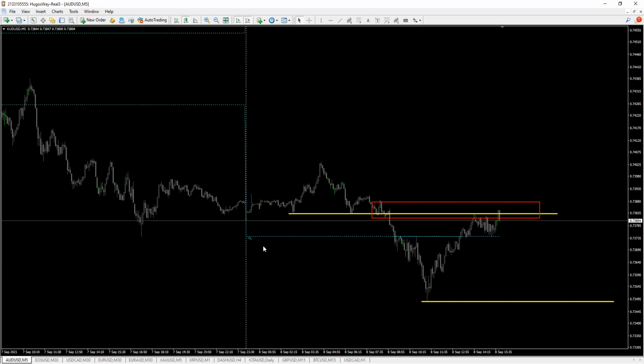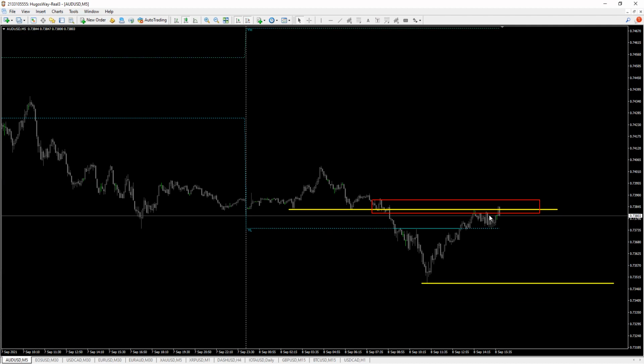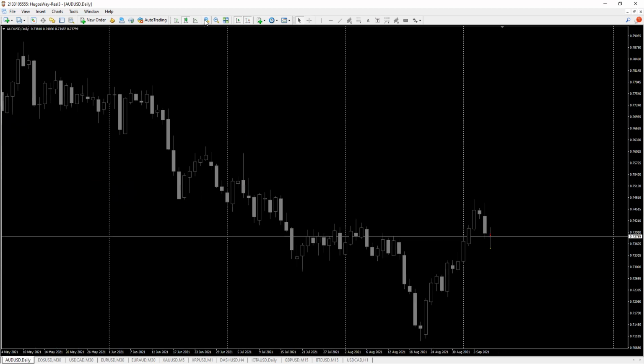This particular dotted line, this YL, indicates yesterday's whole candle's low. So this is the price action we're getting at the low of the whole day candle from yesterday. So it's very likely that this day candle is going to continue to close bullish or bearish.